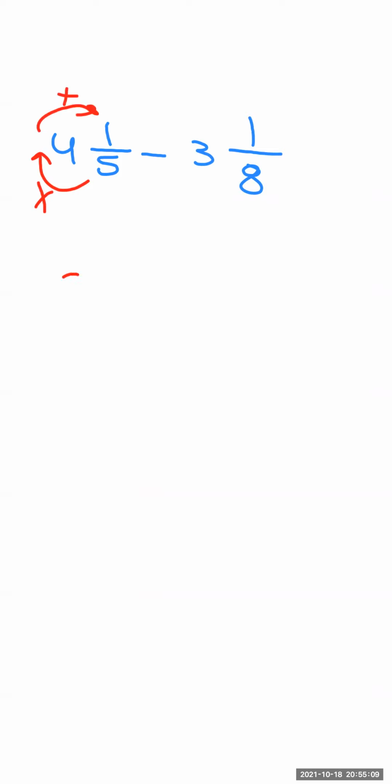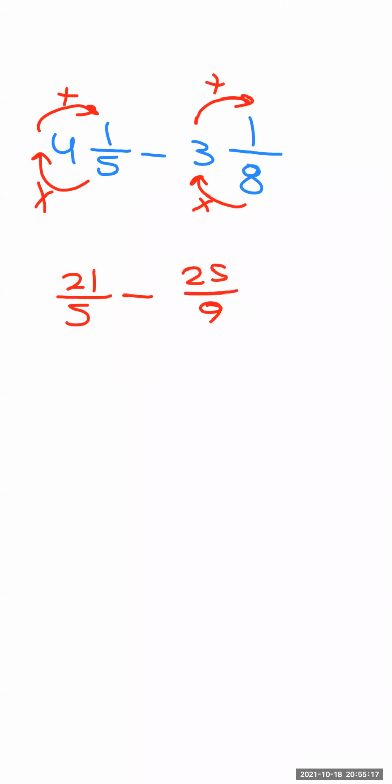One more example like this one, with two mixed numbers. Guys, we agreed that whenever you see a mixed number, just convert it into an improper fraction. So 5 times 4 is 20, plus 1 is 21 over 5, minus 8 times 3 is 24, plus 1 is 25 over 8.